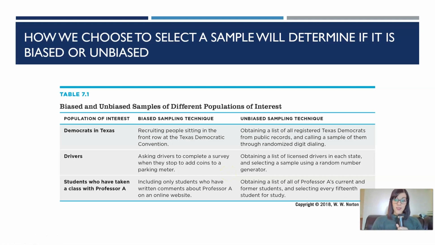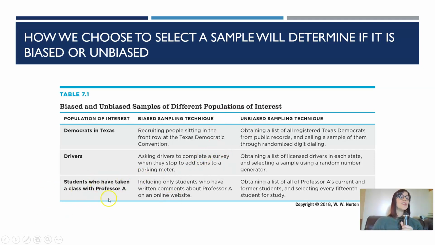First of all, not every driver is necessarily going to be parking in a place that has a meter. Maybe there is something fundamentally different about this group of people that have to park at a meter. Maybe they work there, and so they might fundamentally be different from people who are not using that meter. So again, we could have a biased sample.